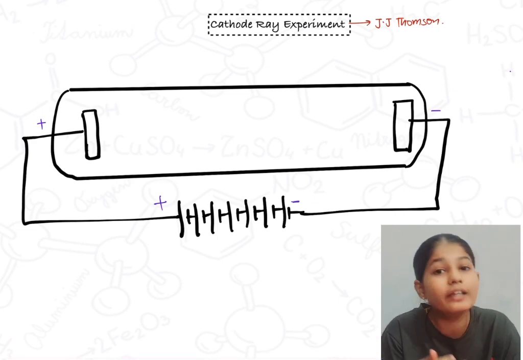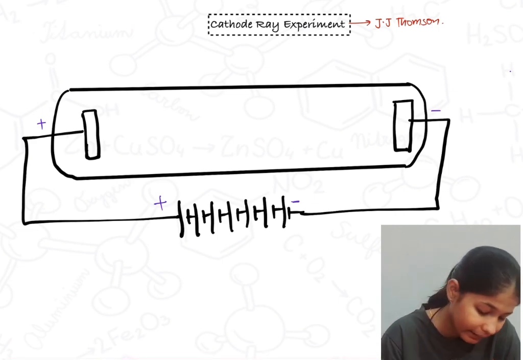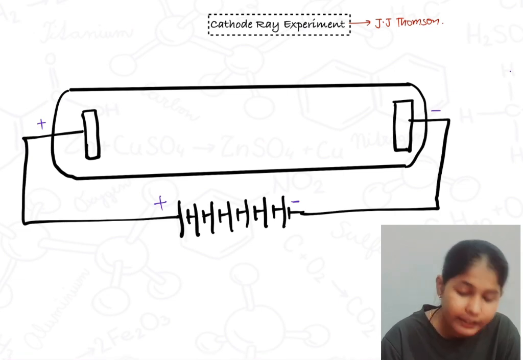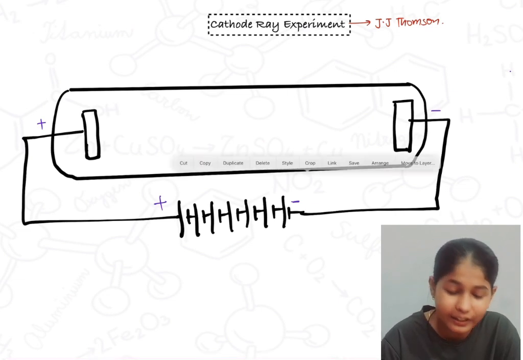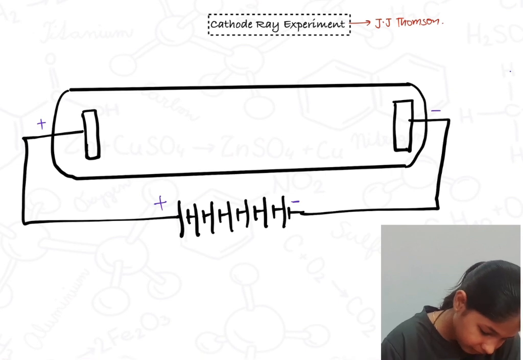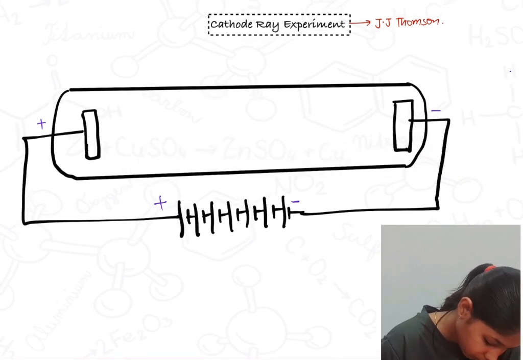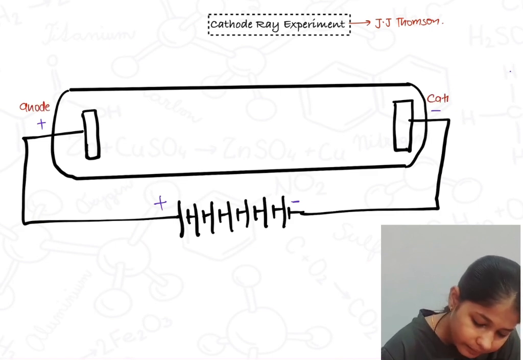Do you know that the positive electrode is also known as anode, and the negative electrode is also known as cathode? So let me write here: anode and cathode.